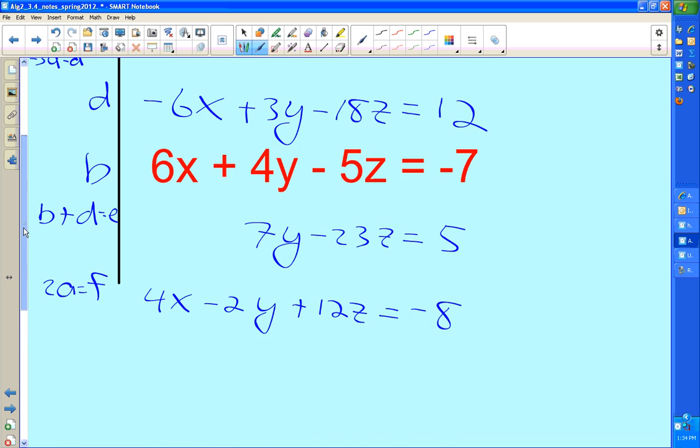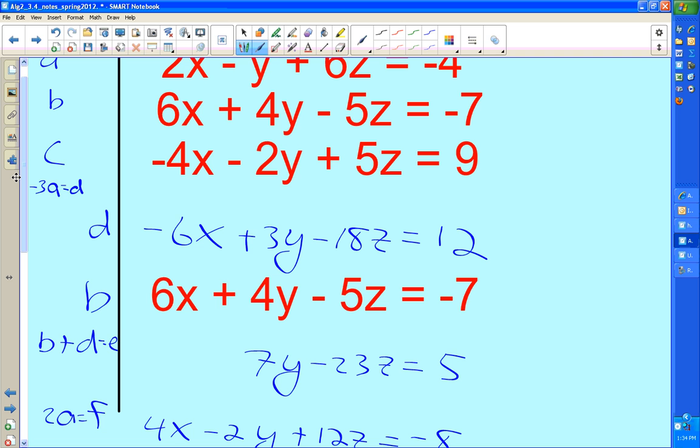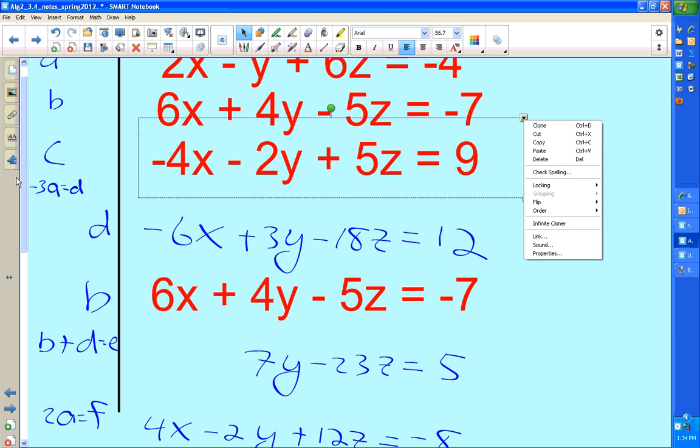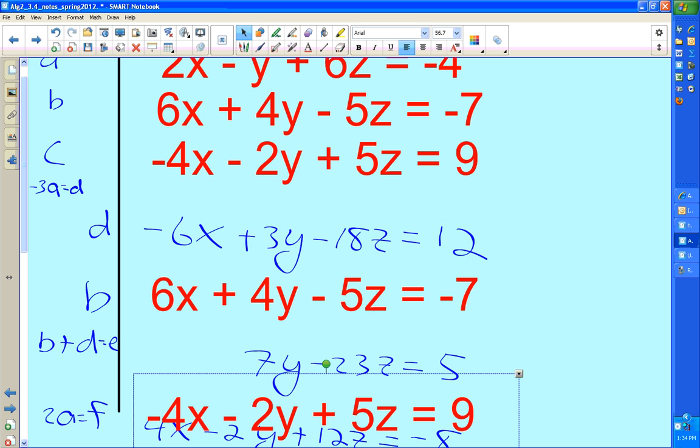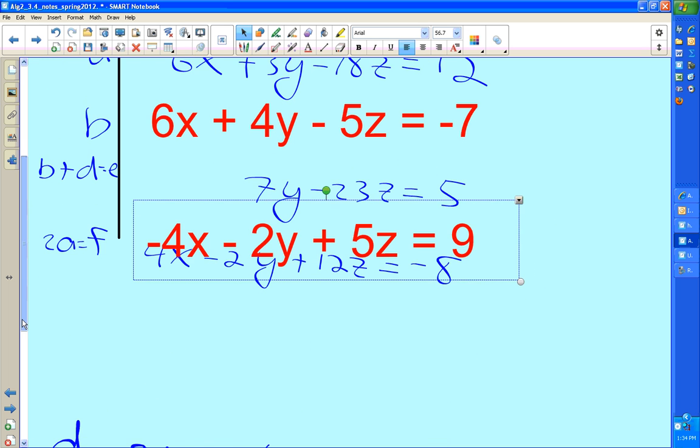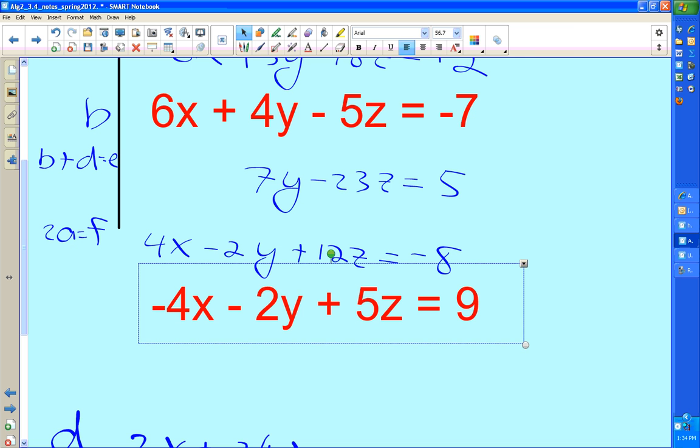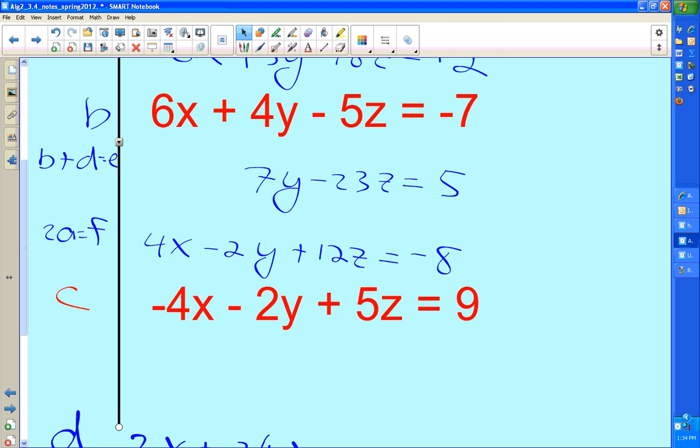So that's 2 times equation A. And I'm going to add that to equation C. So this is equation C. So we're going to do F plus C is equal to G. The x's cancel.